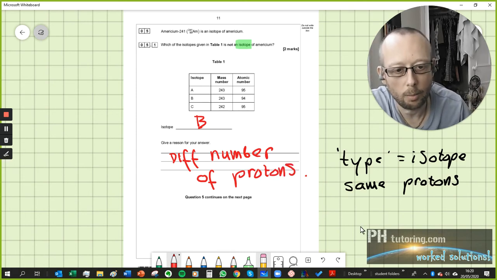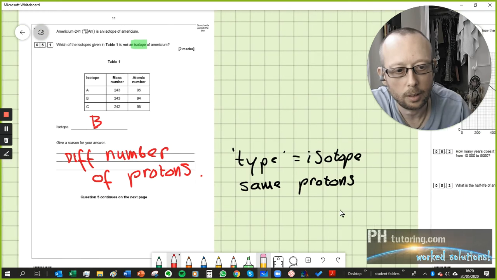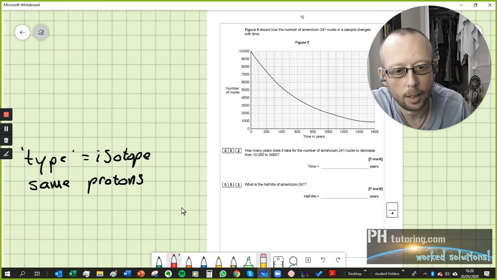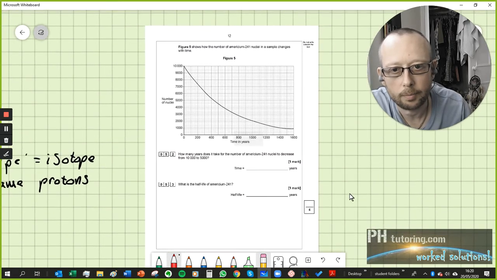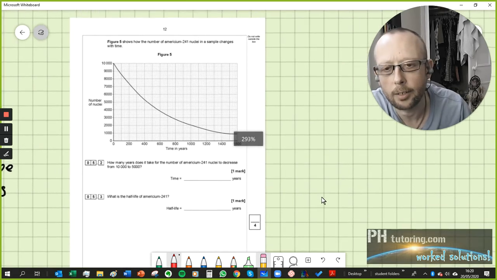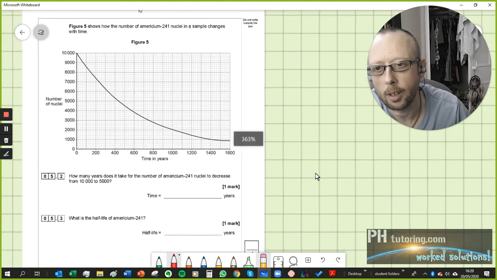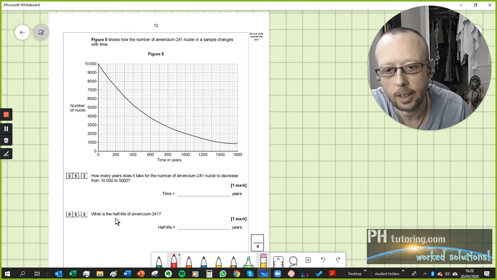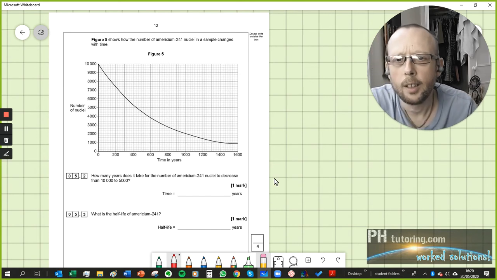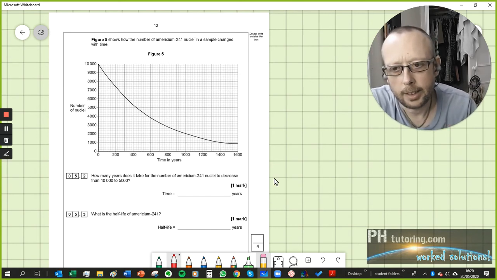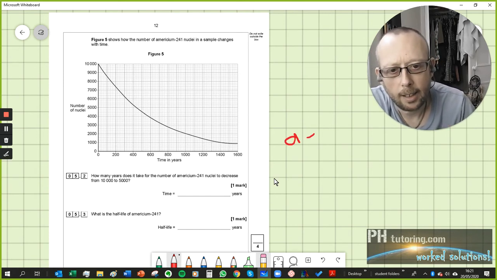Okay, let's have a look what we've got on the next one. Well, it's probably going to ask us about half-lives. Yeah, there it is down there. So what's happening is these nuclei are decaying.